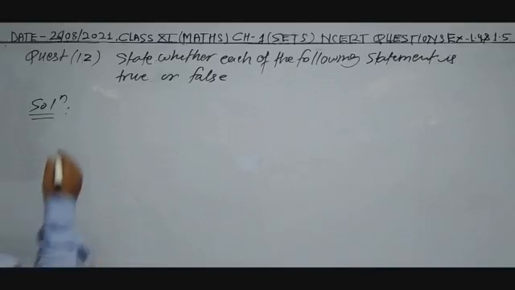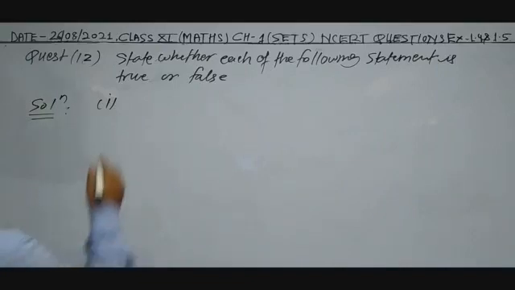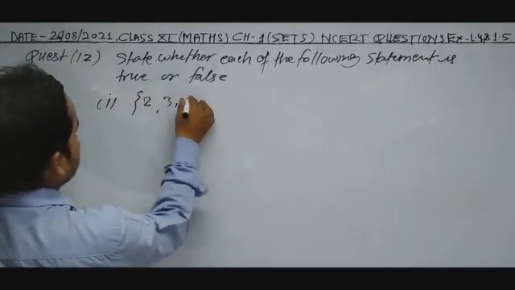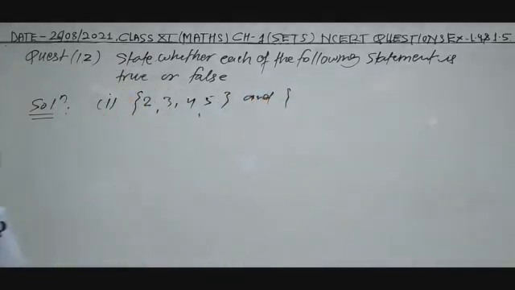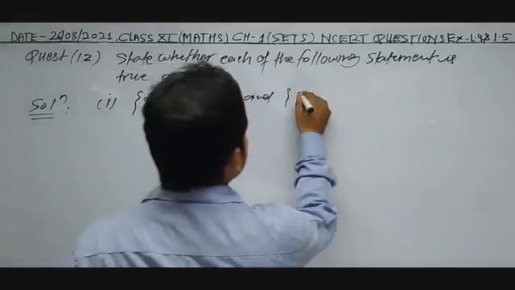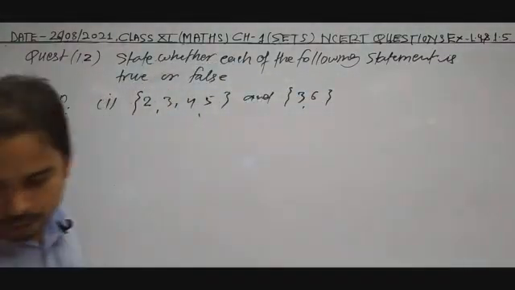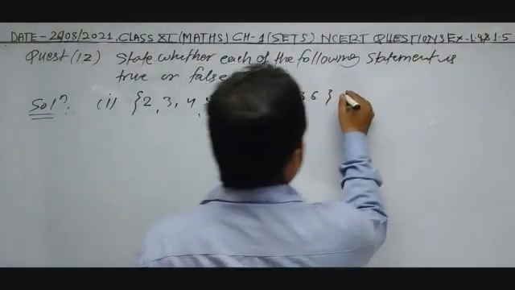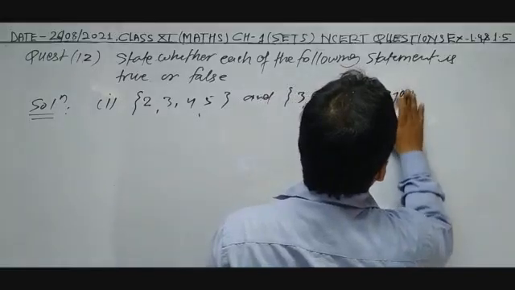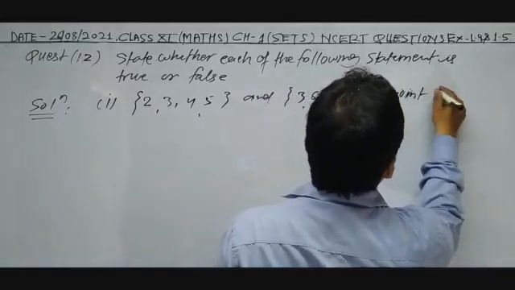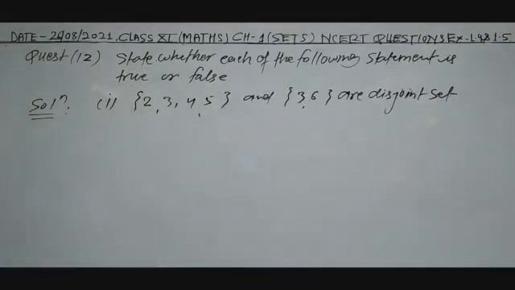In these statements, our first part is given: set 2, 3, 4, 5 and set 3, 6 are disjoint sets. This is the given statement. So is this true or false?